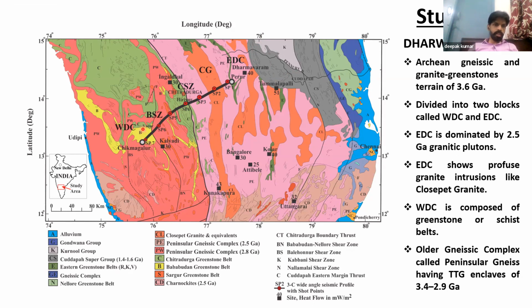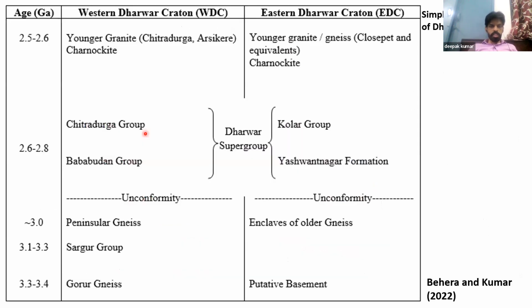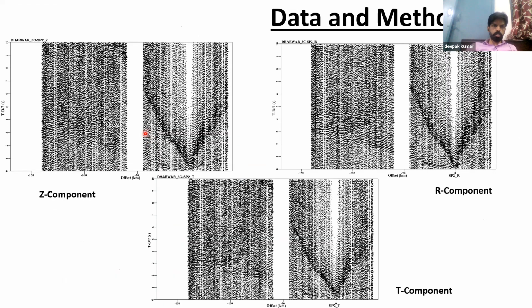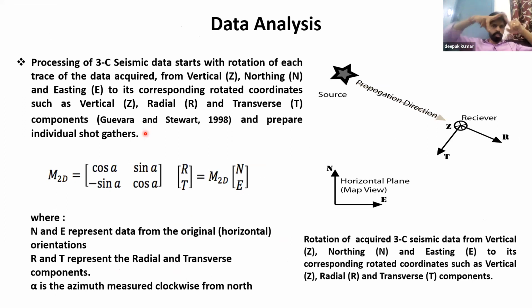So I'll have to rotate the data in a clockwise fashion so as to bring the northing in the direction of our profile. Northing becomes radial, which is along the profile, and easting becomes transverse, which is perpendicular to the profile. These three components will always be orthogonal to each other, meaning at 90 degrees with each other.